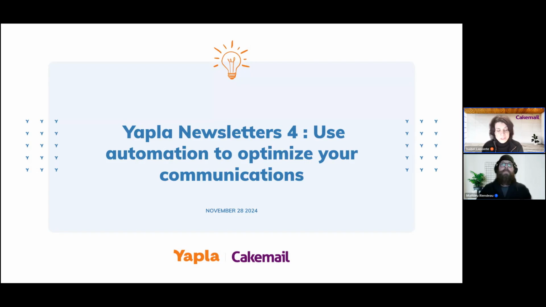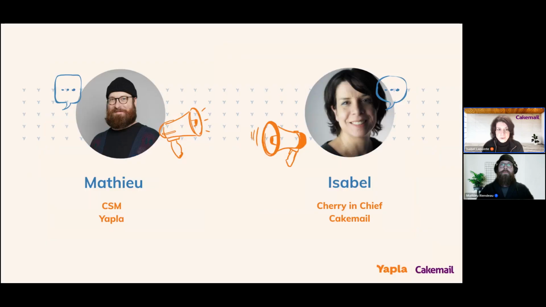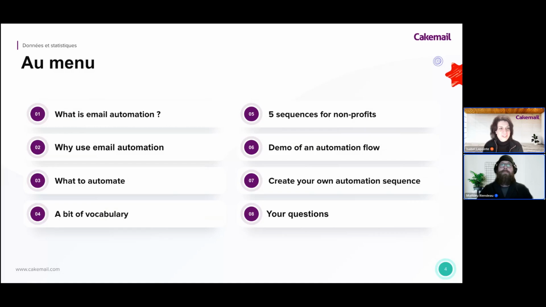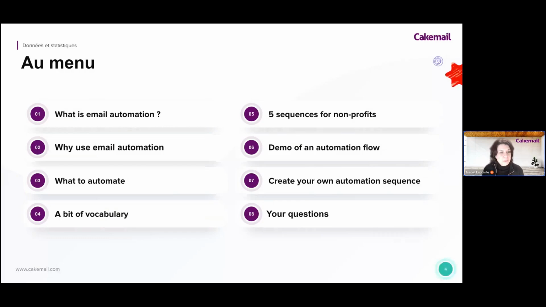So thanks to you. This is the number 4, and this is a more complicated topic today, but very exciting. We're going to talk about email automation. So I'm a chair-in-chief in CakeMail, so taking care of the most important, the cherries on the cake. So first, we will discuss a little bit what is email automation, why using email automation, and why is it important, what to automate.